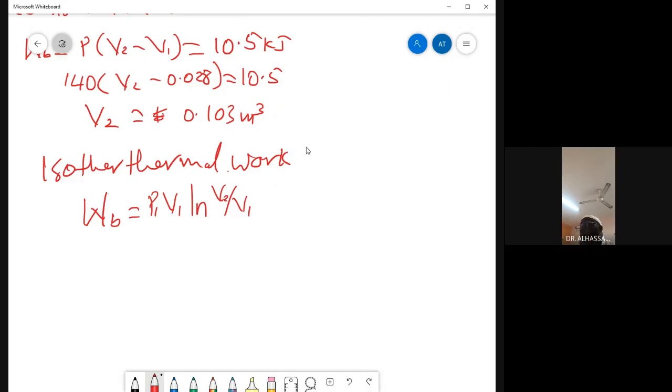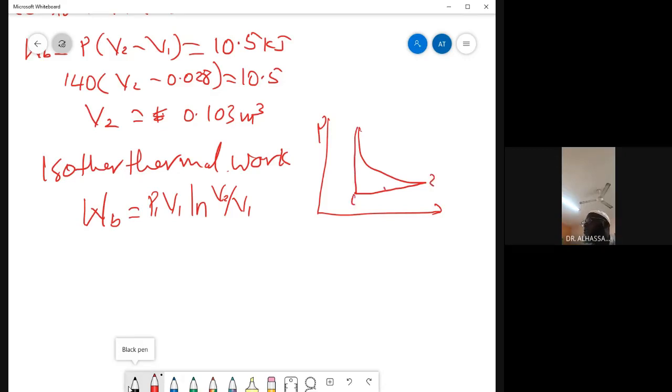But if we look at our diagram, this is state 1, this is state 2, this is state 3, and this is the isothermal.